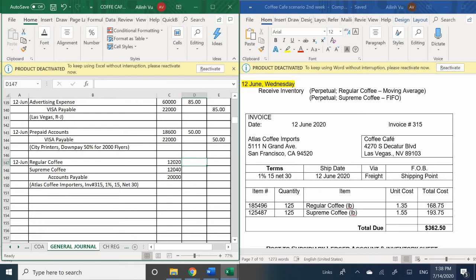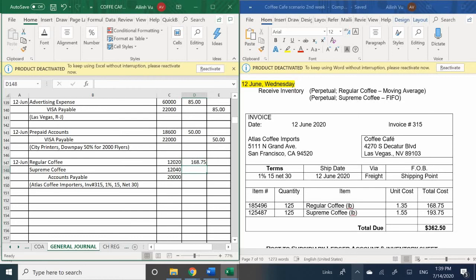So how much regular coffee am I recording? How much regular coffee did I buy? 125 pounds. But we're journalizing this, so we can't write 125. $168.75.